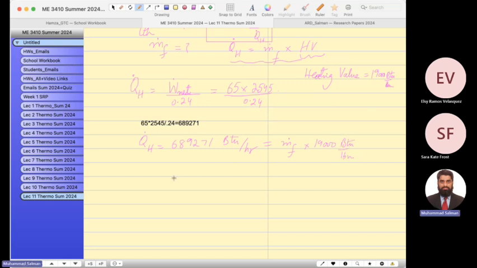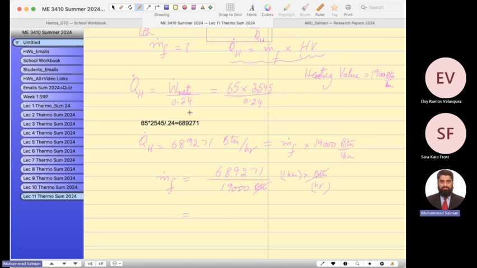So we know that this is equal to M dot F times 19,000 BTU per pound mass. So you just have to do the math here. M dot F equals 689,271 divided by 19,000. This is BTU per pound mass, and this is BTU per hour. So you're left with pound mass per hour for the fuel consumption.